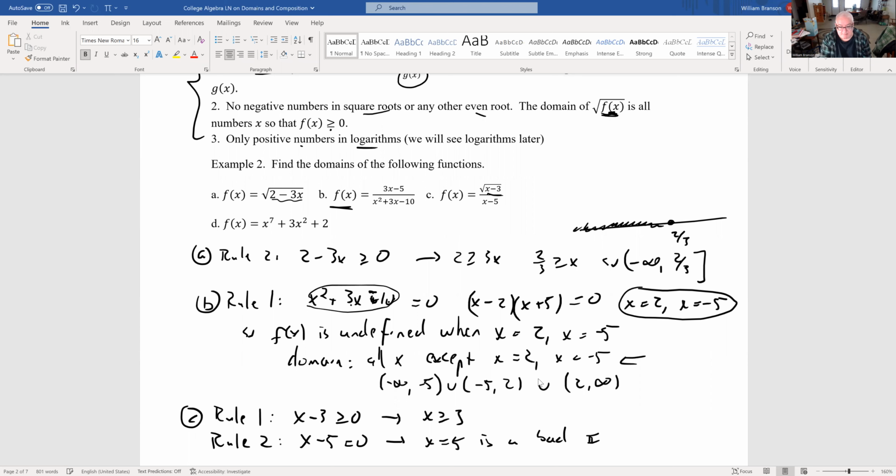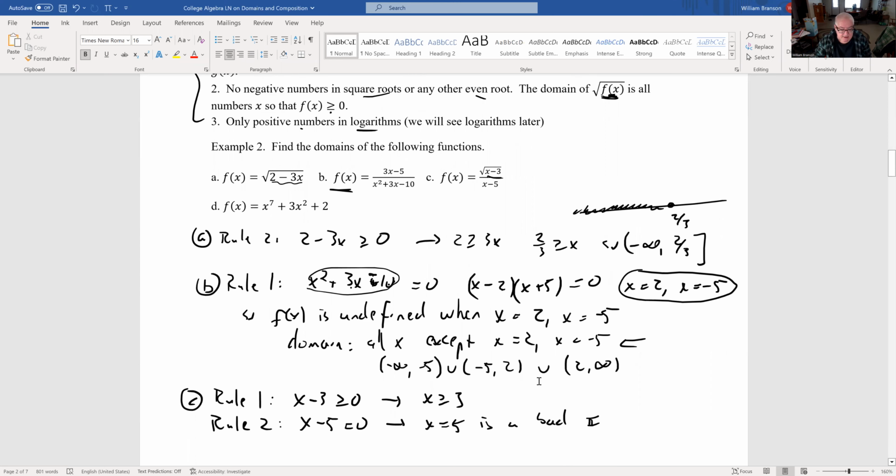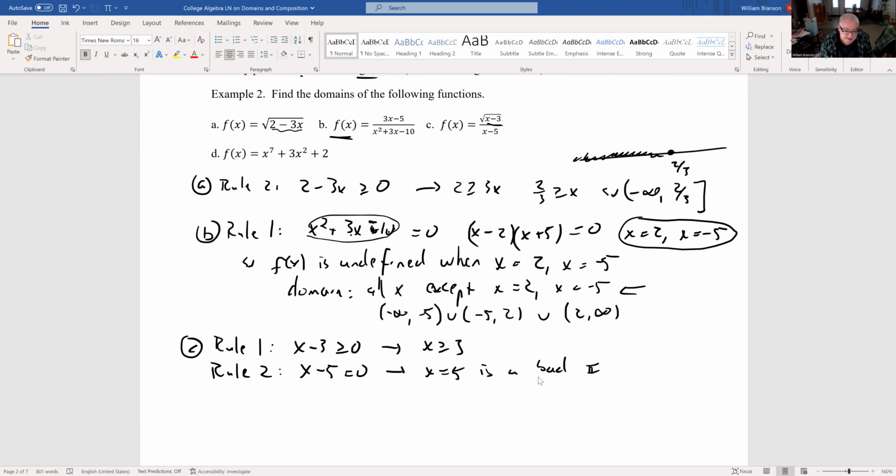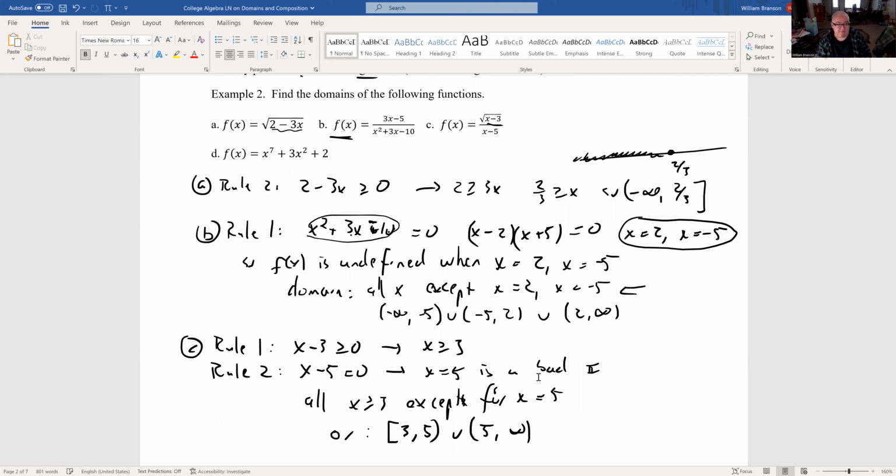I don't want that in my domain because it gives me a 0 in the denominator. So what's my domain going to be then? It's all x greater than or equal to 3 except for x equals 5, or 3 up to 5, union 5 to infinity. And what we've seen here is we're skipping 5.